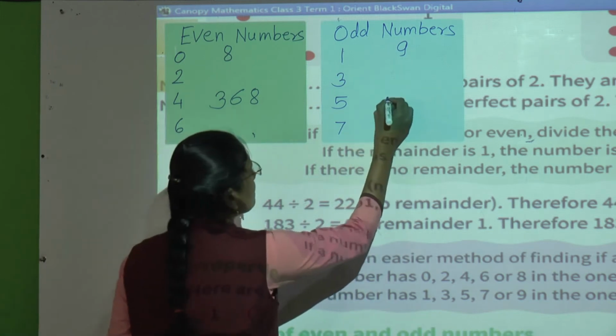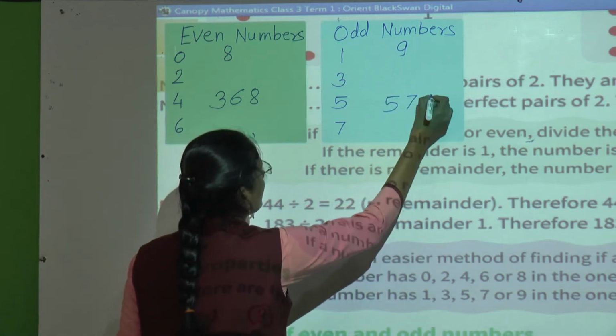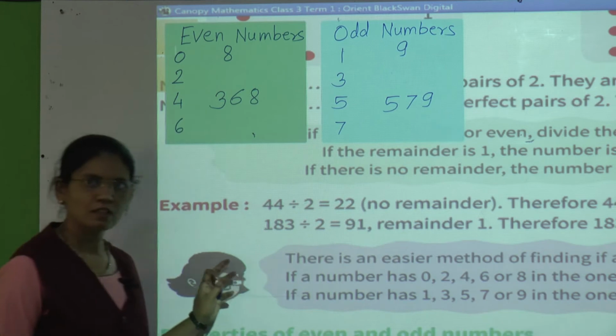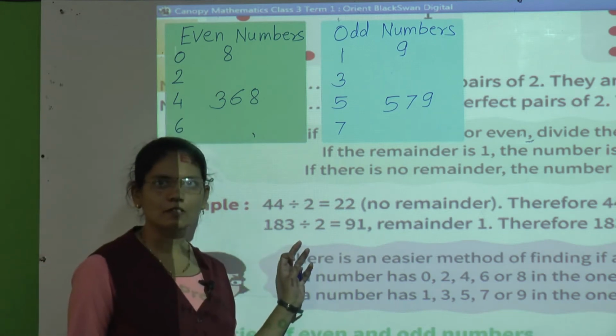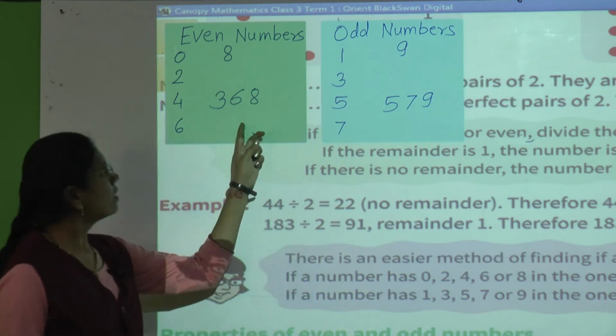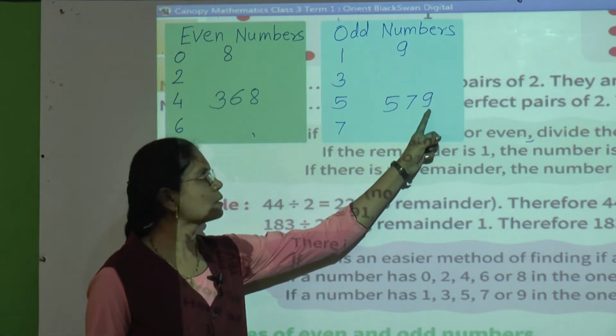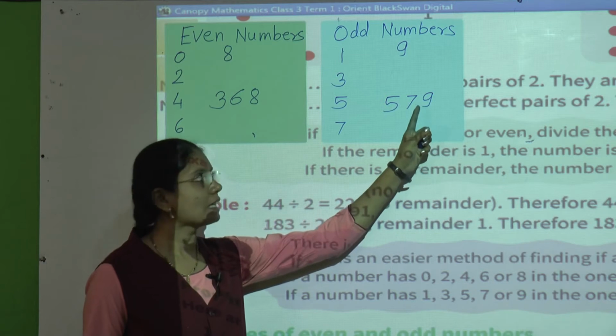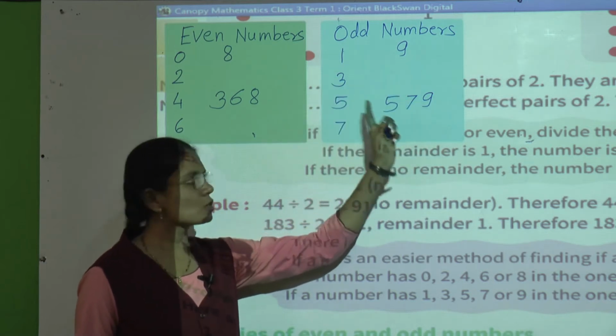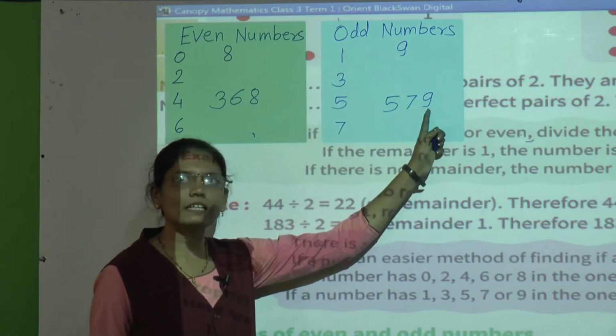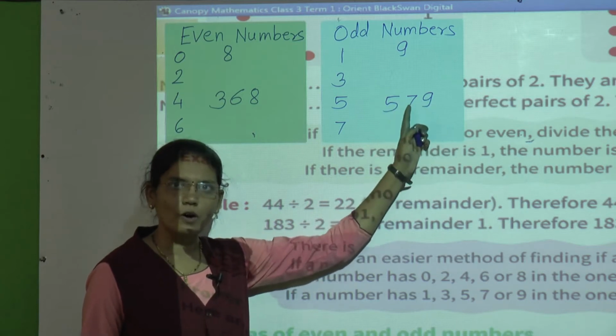Suppose the number is 579. This is also a 3-digit number. So what will you do? Same here also. You have to see the ones place number. At the ones place 9 is there, and 9 is an odd number. So 579 is an odd number.